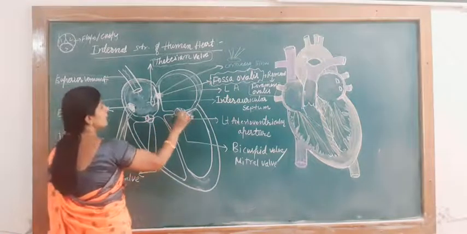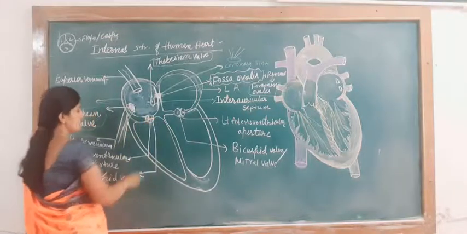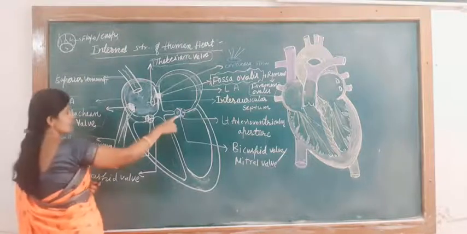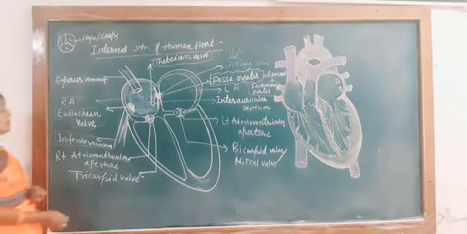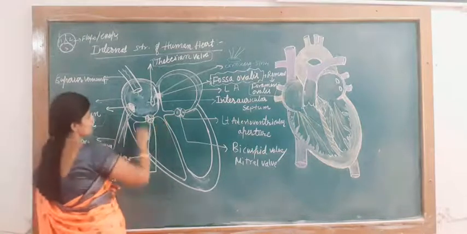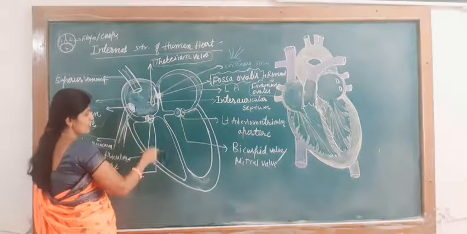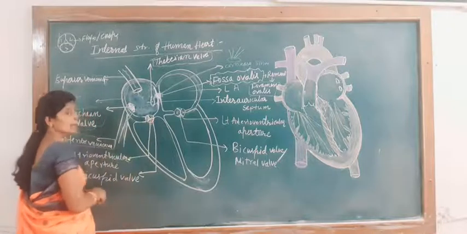Here only two cusps are present. Here three cusps are present, so it is called the tricuspid valve. This is the bicuspid or mitral valve. These two valves guard these apertures. They don't allow much blood to flow back, so immediately those valves get closed.